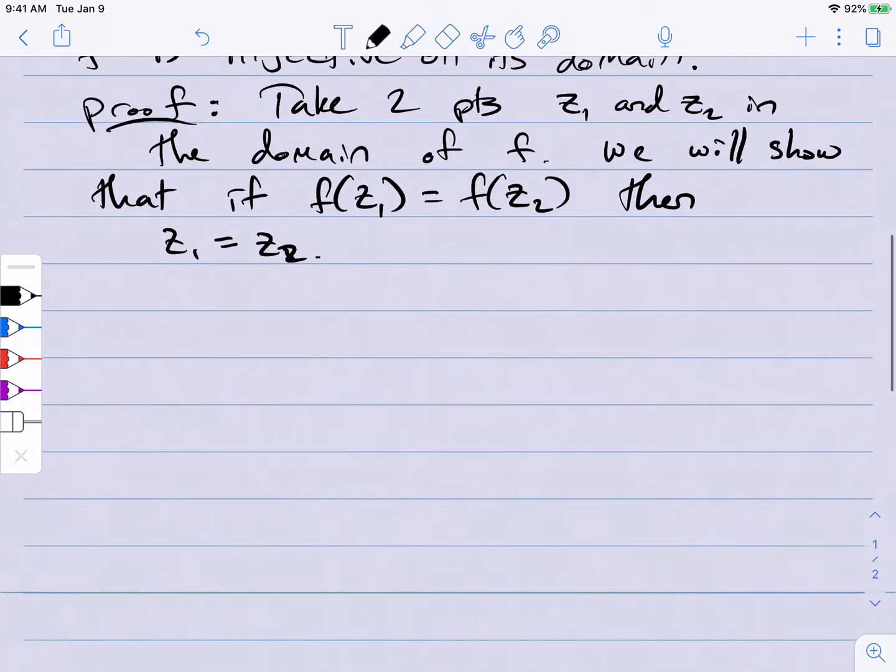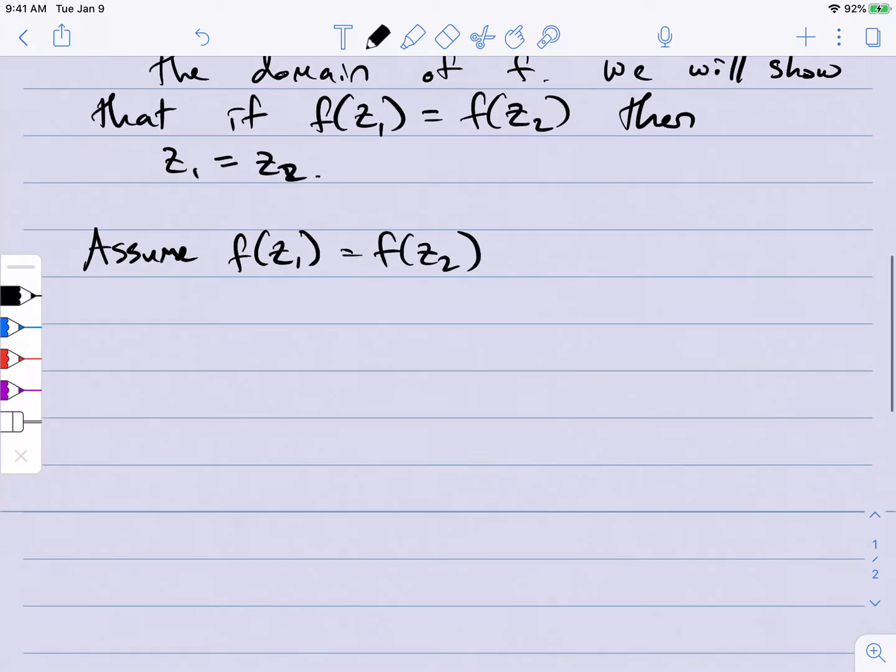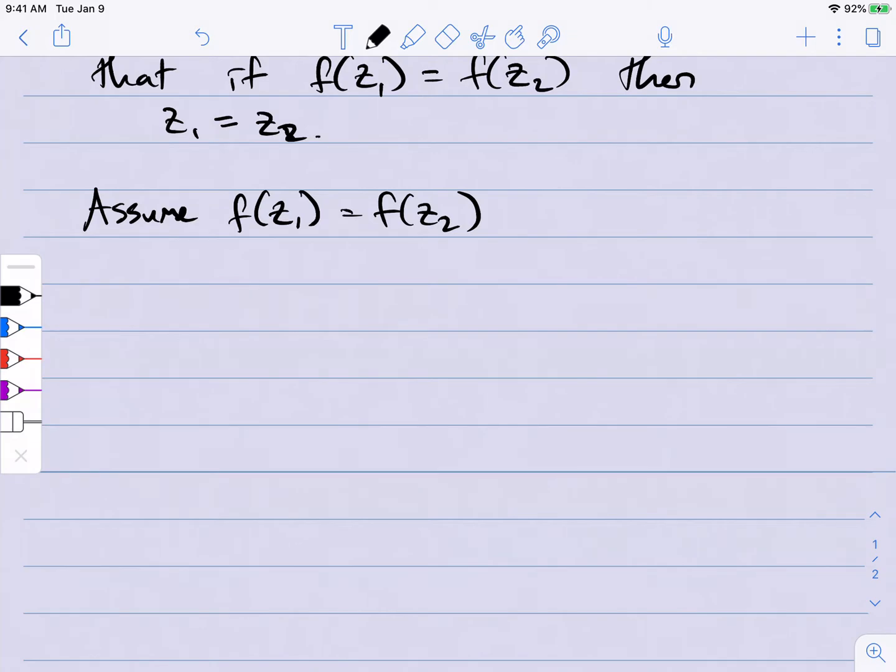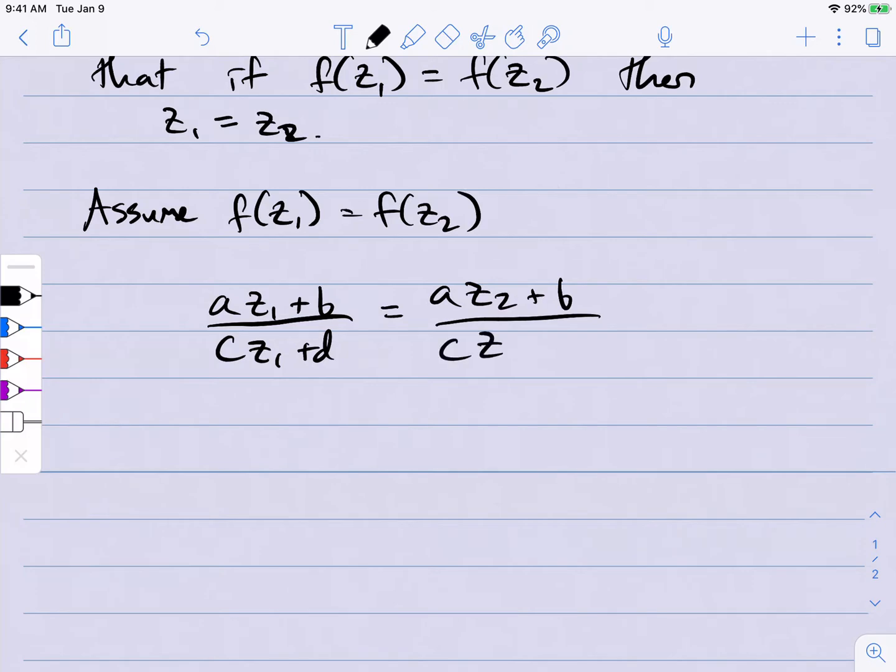Okay, so let's assume that f of z1 equals f of z2, and we're going to try to show that z1 is z2. So what is f of z1? Well, it's az1 plus b over cz1 plus d. f of z2 is az2 plus b over cz2 plus d. Okay, and then I'm going to just clear denominators here.